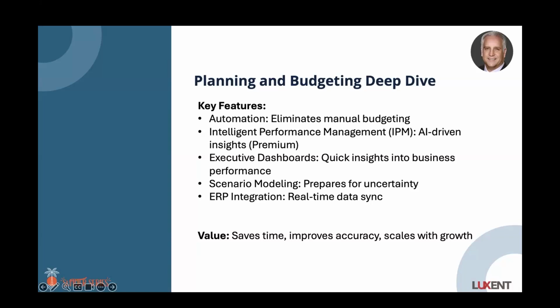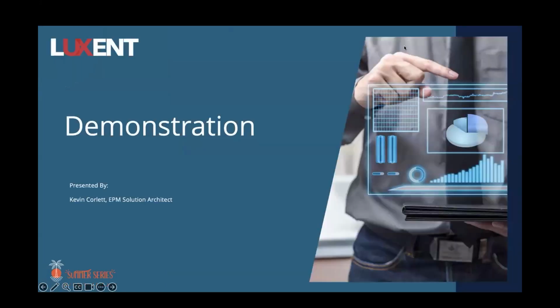So whether you're planning for growth or trying to navigate the uncertainty in the world, you are able to build an agile and reliable plan and present that to your stakeholders. So you benefit by saving time, reducing risk, and allowing you to scale faster and support, again, your stakeholders more efficiently. So now the deep dive.